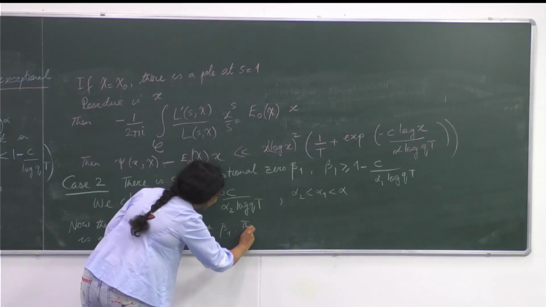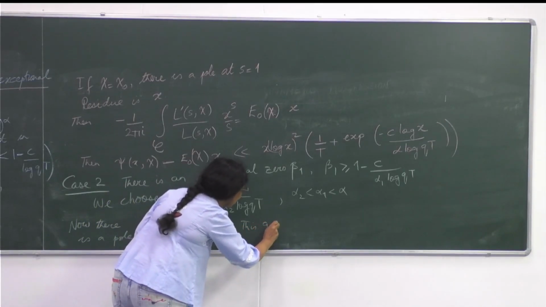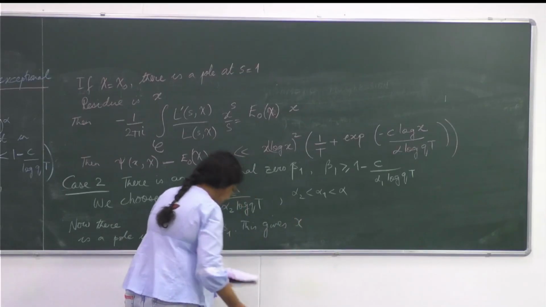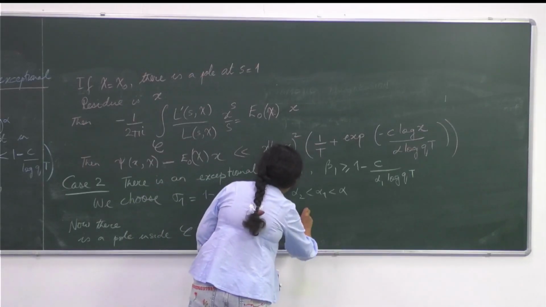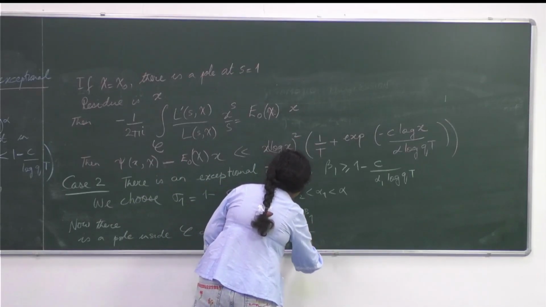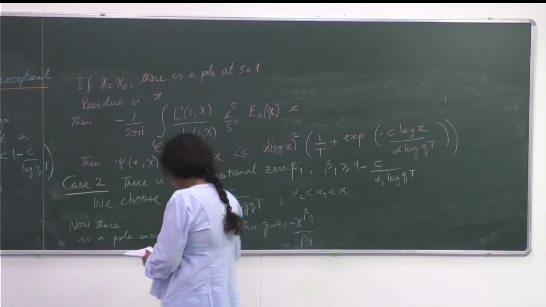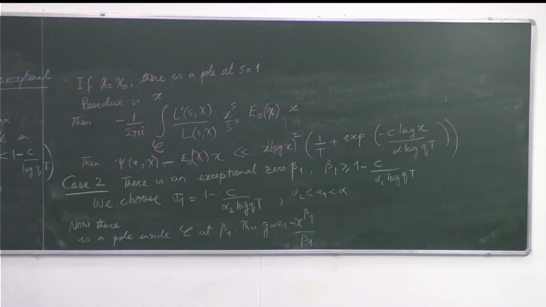So this gives what I want: minus x to the power beta 1 by beta 1.